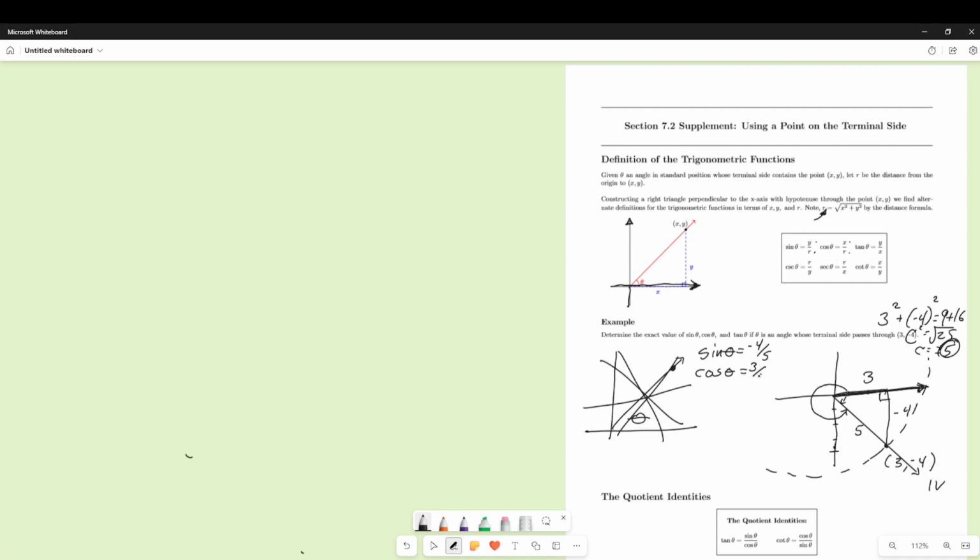So 3/5. Tangent of our angle, y over x. So -4/3. And that might seem like it's very similar to the, well, opposite over hypotenuse and adjacent over hypotenuse for this right triangle.